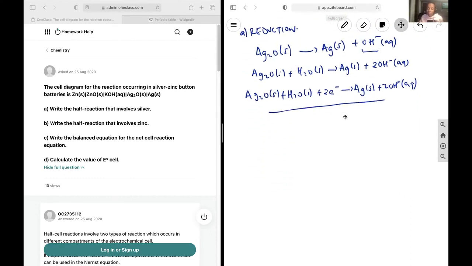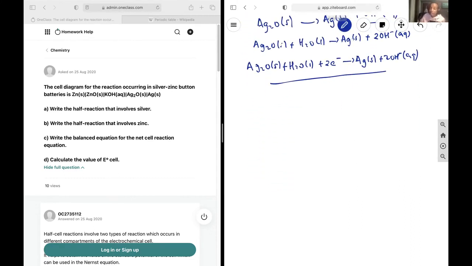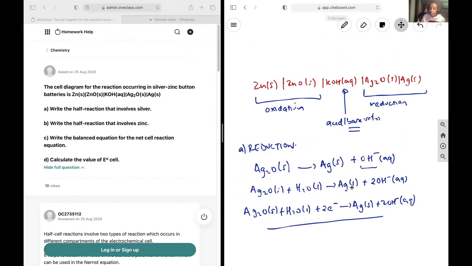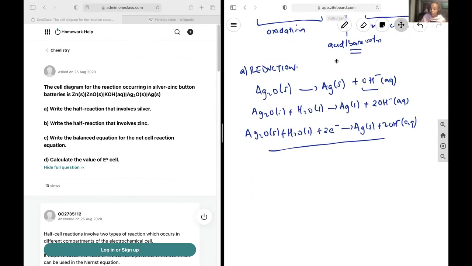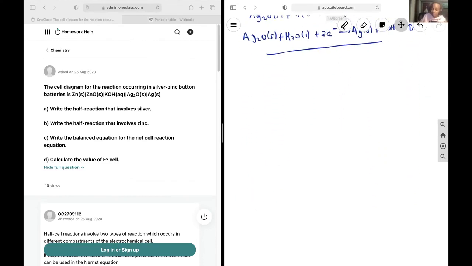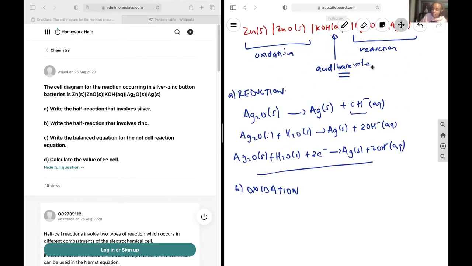Next up, we'd like the half reaction that involves zinc. That's going to be oxidation. So I'm getting this purely off of reading the cell diagram. And if you'd like confirmation that you're doing things correctly, just remember OIL RIG.